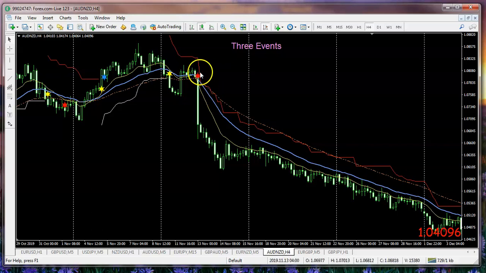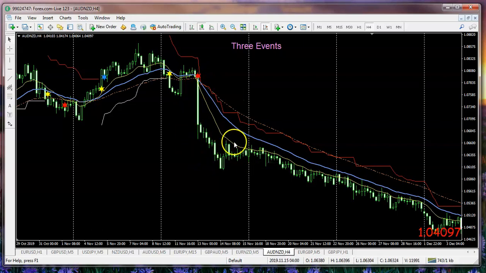Now, notice that you don't have to get in on one of these wicked drops. This is a 4-hour period, as we said, but even in this particular template, which is our 3 events template with the chandelier, support and resistance, with moving averages, the 12, the 24, and the 50 EMA, what we've got is this red star once we get the breakdown, and then we wait for the pullback.